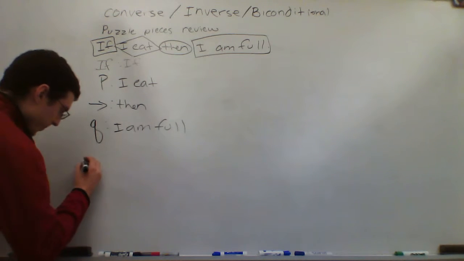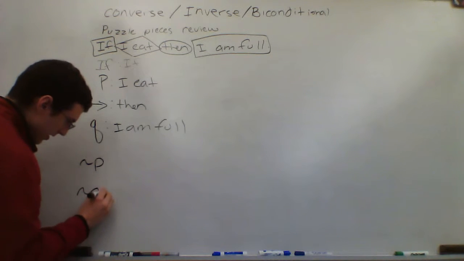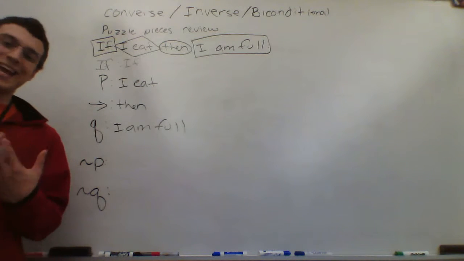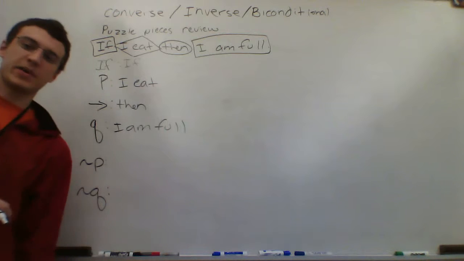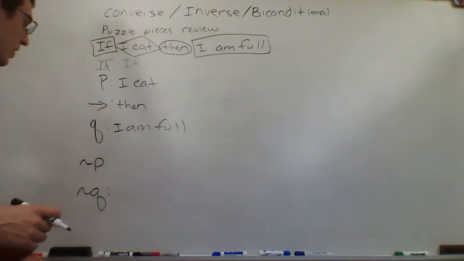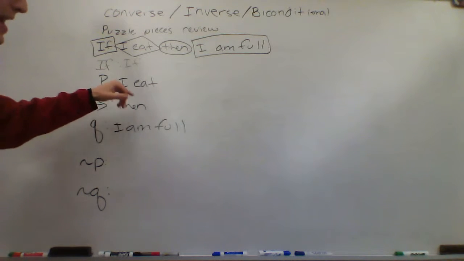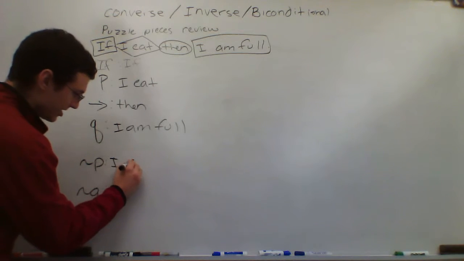Now, our last 2 pieces are our negated P and our negated Q. If you remember, to negate means to make it the opposite, flip it on its head. So if our normal P, our normal hypothesis, is I eat, then our negated P, the opposite of that, will be I don't eat.